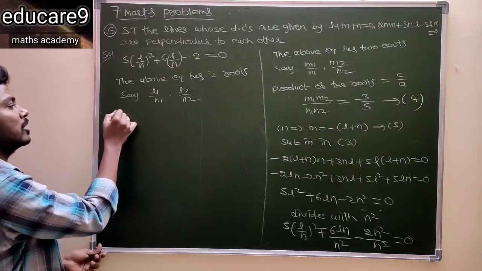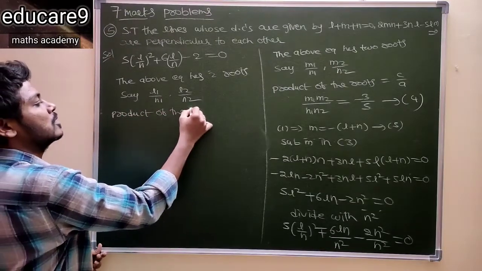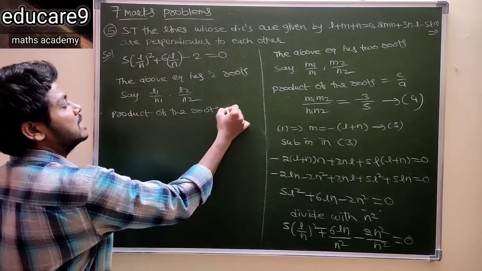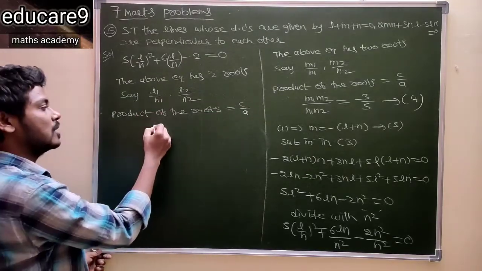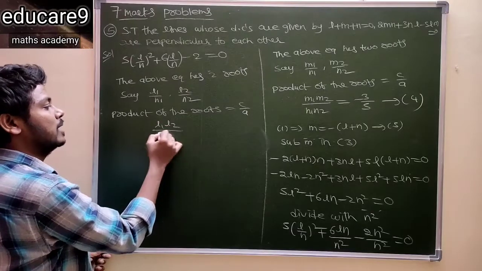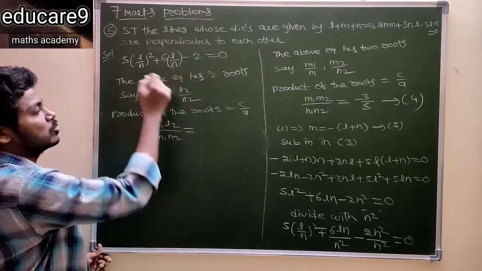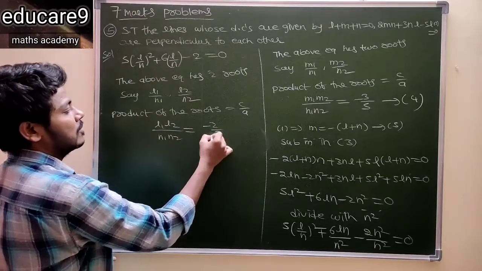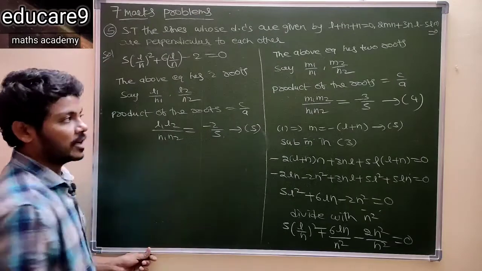Here also find the product of the roots. The product of the roots formula is c by a. So l1 l2 by n1 n2 is equal to c by a, that is minus 2 by 5. Okay, so this is equation 5.